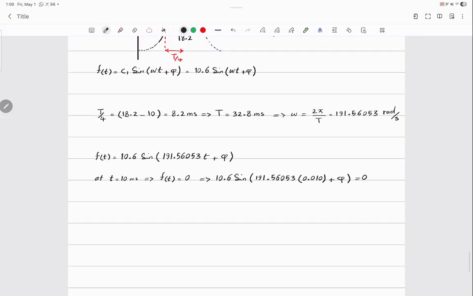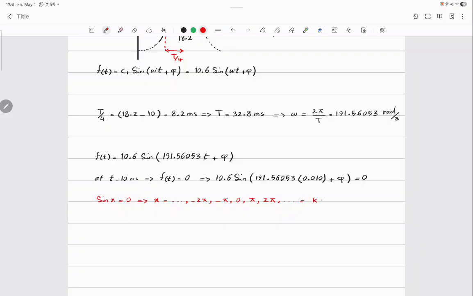Now, a reminder. If sine of x is equal to 0, what is x? Zero, or negative 2 pi, negative pi, 0, pi, 2 pi, and so on and so forth.